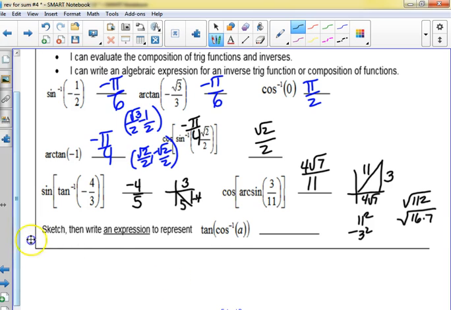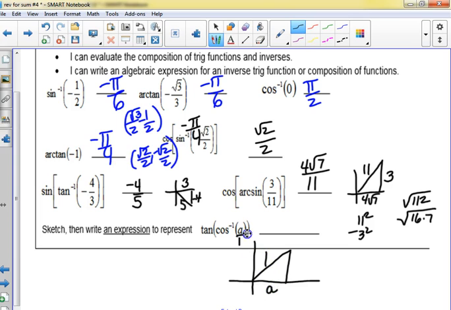Okay. This is the one that killed some of you. A lot of you got it right the first time we did it. But arc cosine with a letter, I always said you can use quadrant 1. Cosine is A. What else? I can't solve that. But I can put A over 1, right?